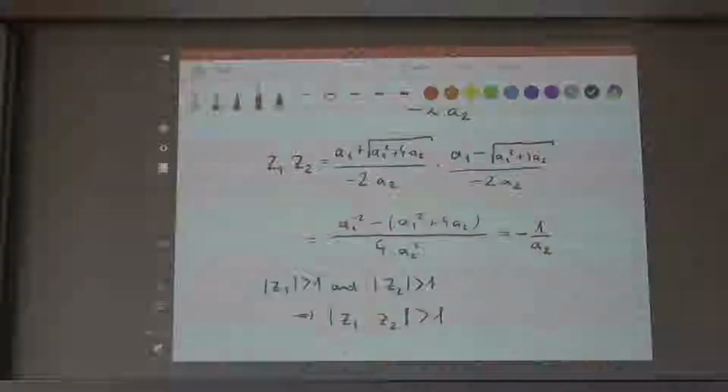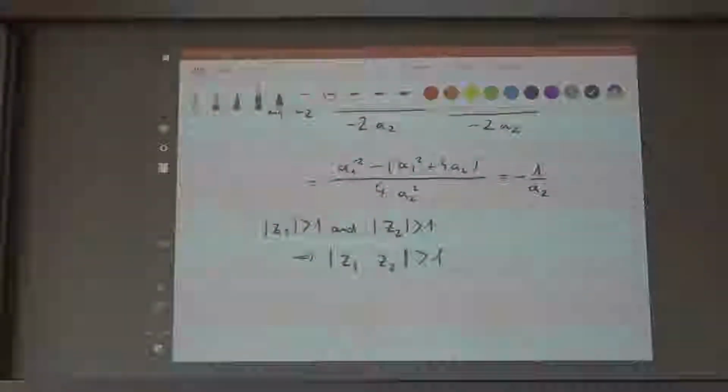Again, if the absolute value of the first one is greater than 1 and the absolute value of the second one is also greater than 1, then the absolute value of the product of the two must also be greater than 1. Of course, this is not true the other way around.